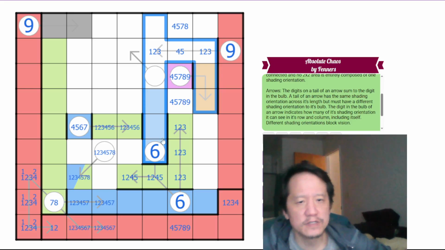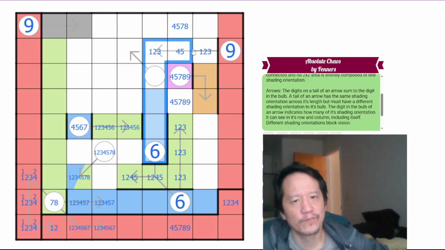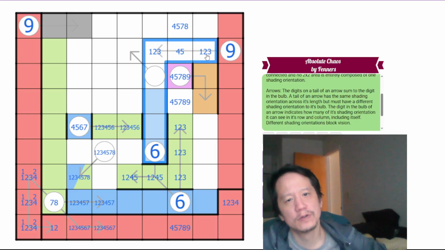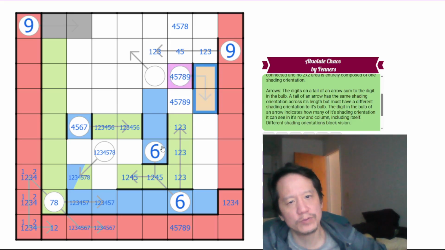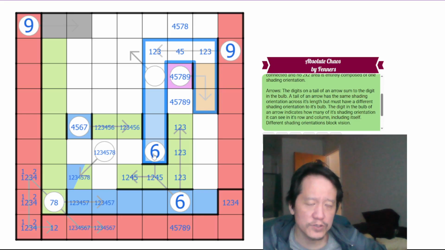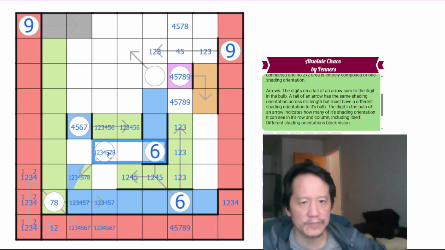So if it does go to here, if it reaches here, it has to go. Obviously, this all becomes blue. This can no longer be blue. This is green, which would force this to be blue then. So you'd have blue going that way. So we're trying not to connect here, right?